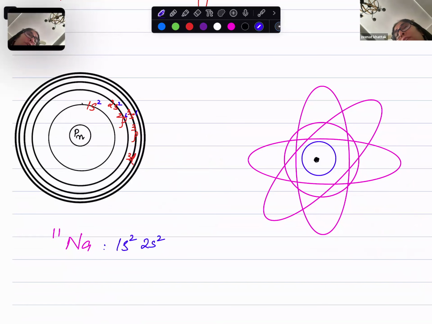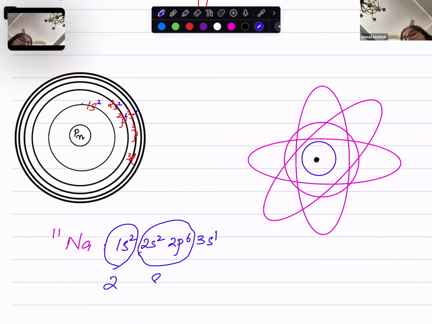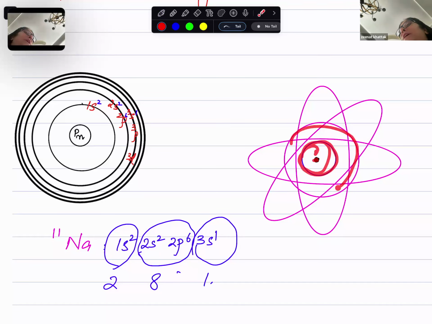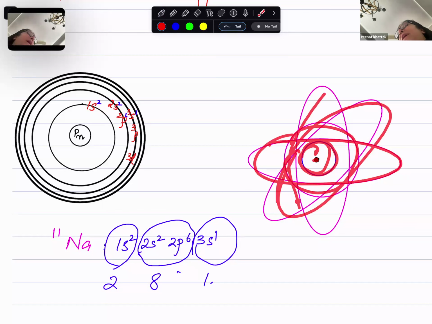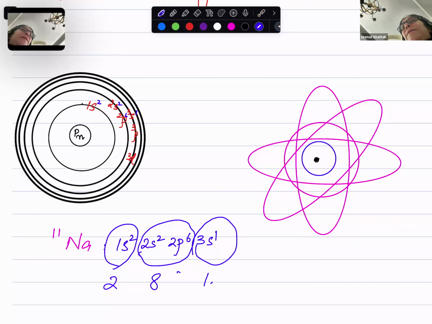So sodium has the configuration 1s2, 2s2, 2p6, and 3s1. That is 2, 8, and 1. Right? 2, 8, and 1. This is the nucleus, 1s, and then 2s, 2px, 2py, and 2pz. After this is 3s.